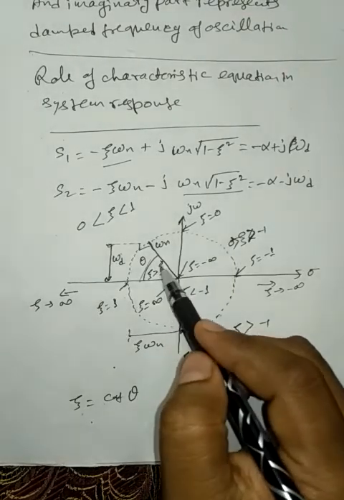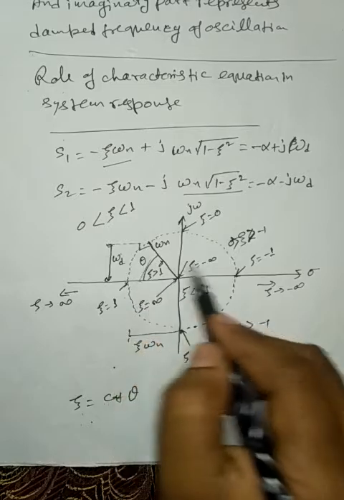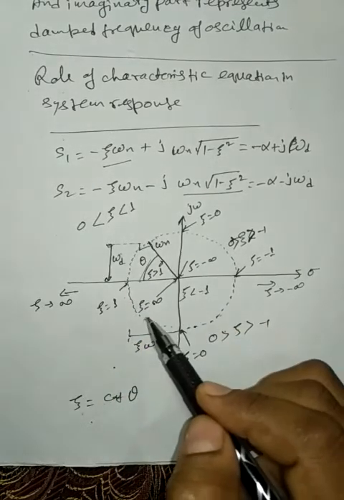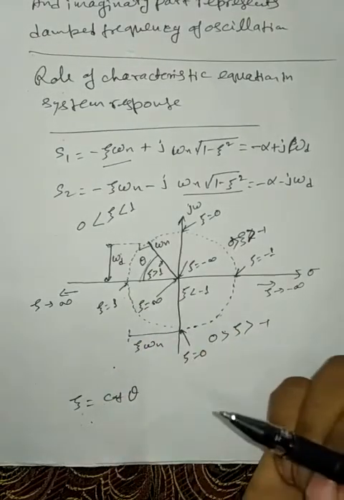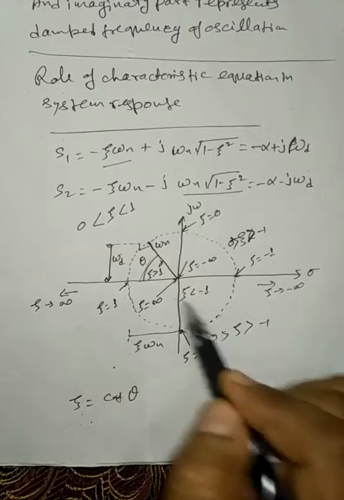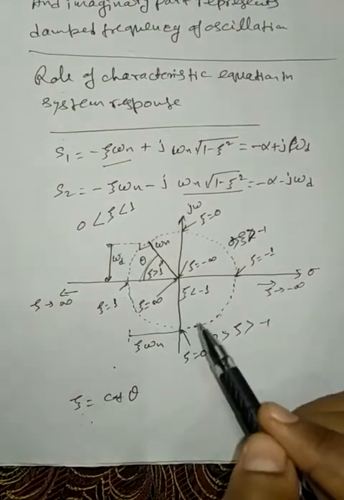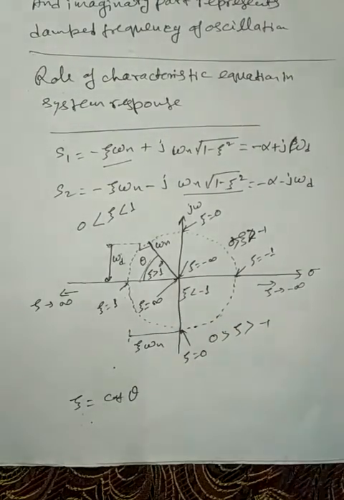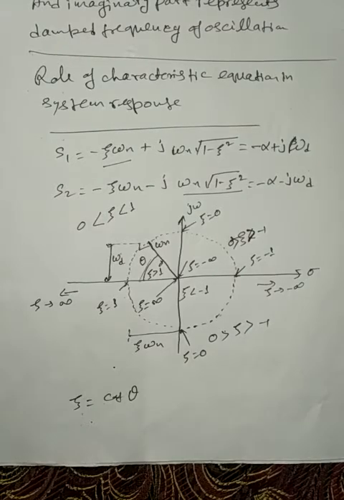And theta is the angle between radial line to the roots and the negative axis, right? This is theta. And what is zeta? Zeta is cos phi or cos theta.